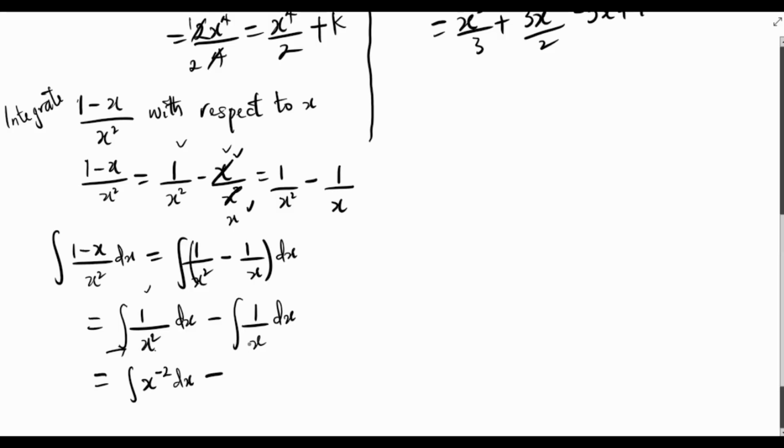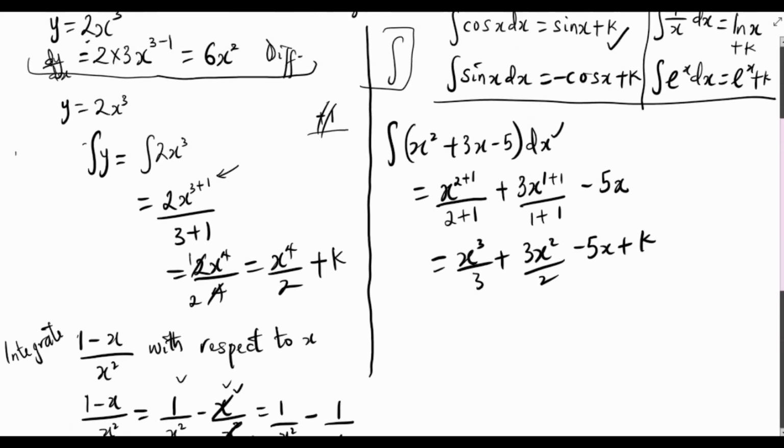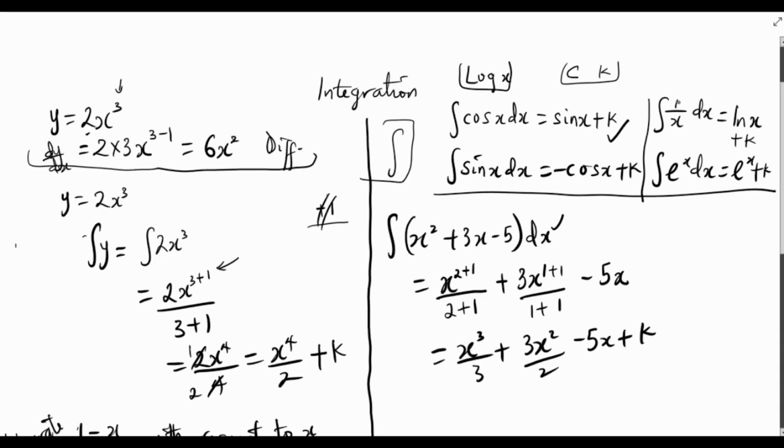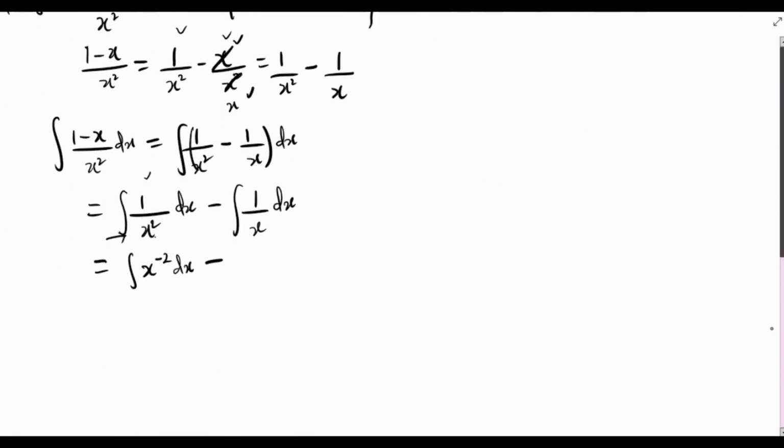Now minus, remember we said, based on general integration, that the integral of 1 divided by x is ln x, right? So this part will be ln x plus k.